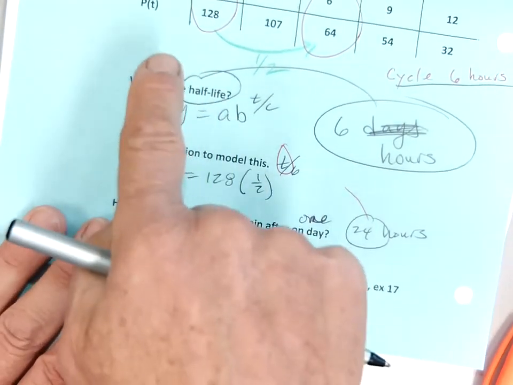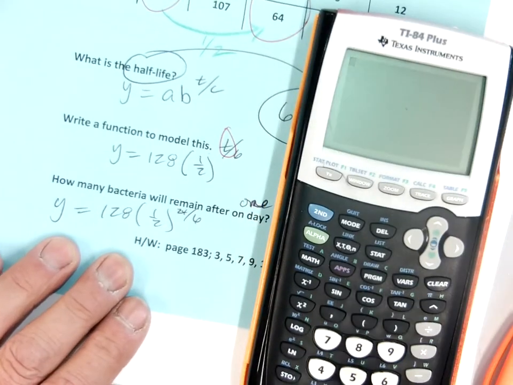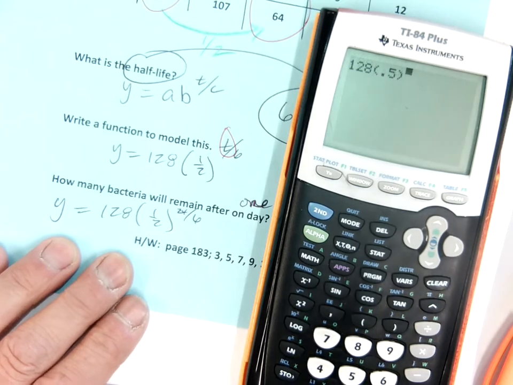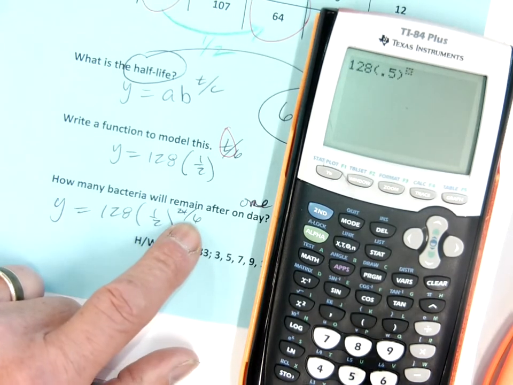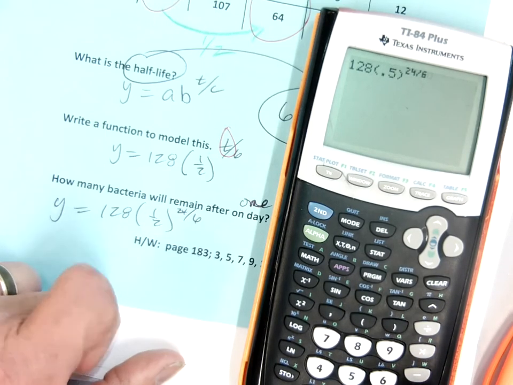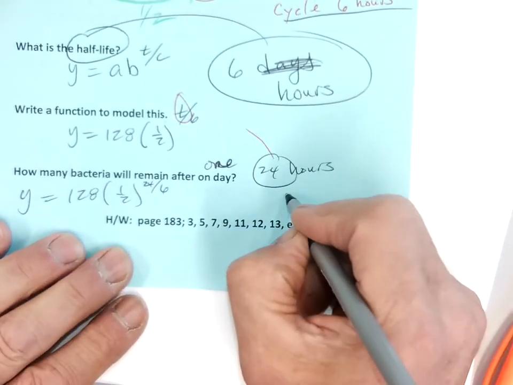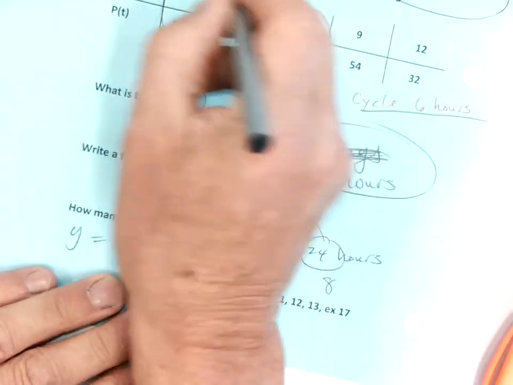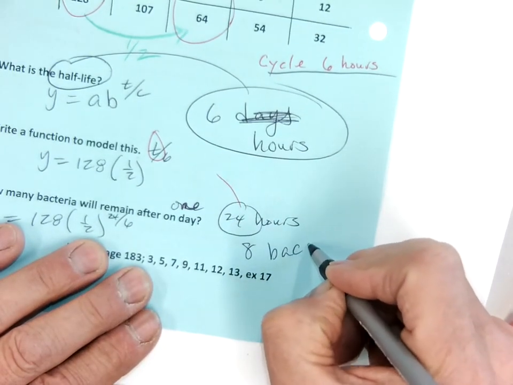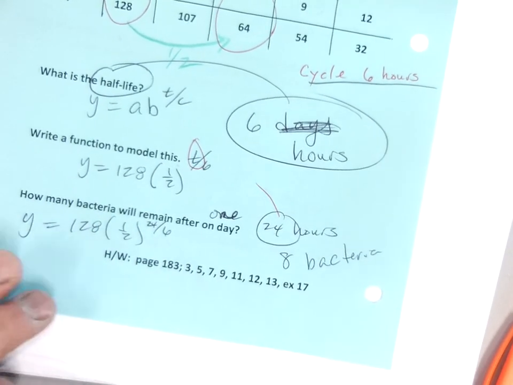You could do it another way, but I prefer to just use my calculator. 128 times 0.5 to the power of 24 divided by 6, which I know is 4, and I get an answer of about 8. That made sense. So I've got 8, and this term is bacteria. Probably thousands of bacteria, and that's just an abbreviation.